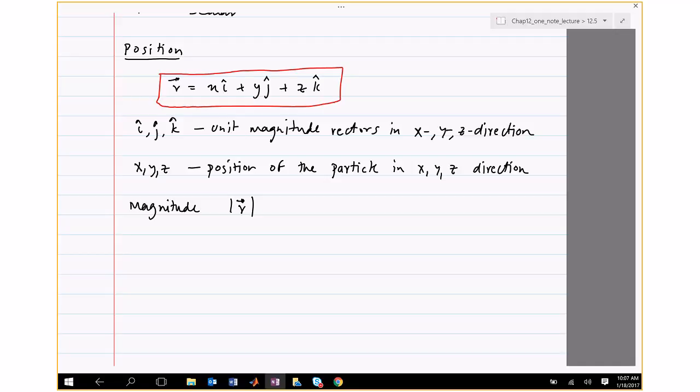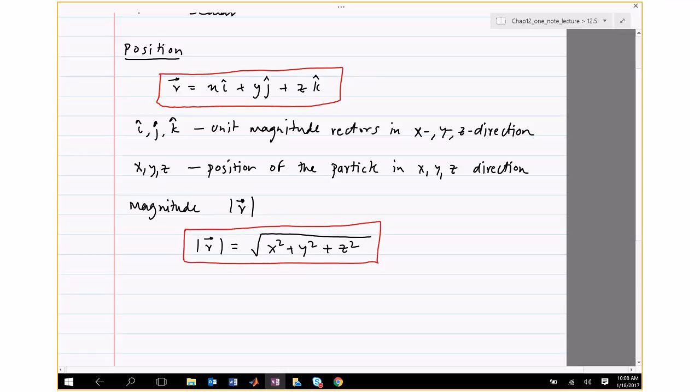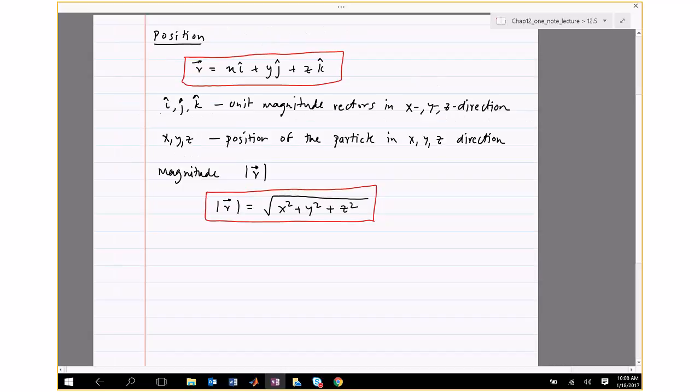To find the magnitude, you need to take the X, Y, Z components, square them and add them up, and then take the square root of the sum. So the magnitude is always a scalar, a number. It does not have a direction, unlike a vector.